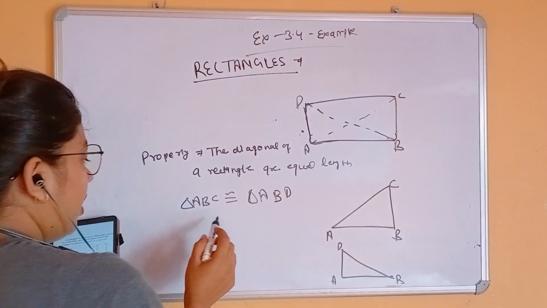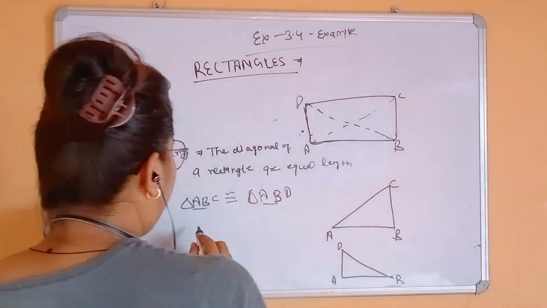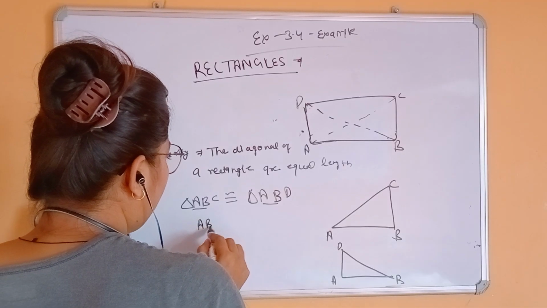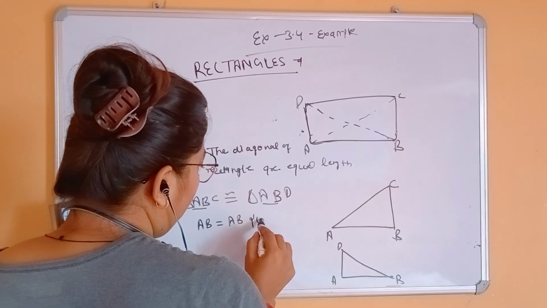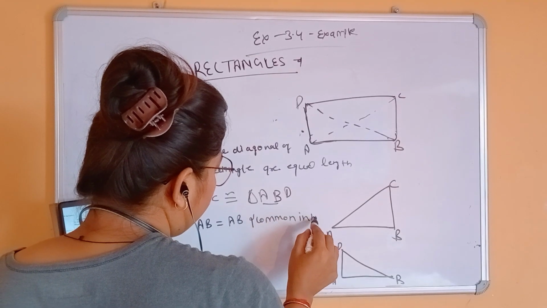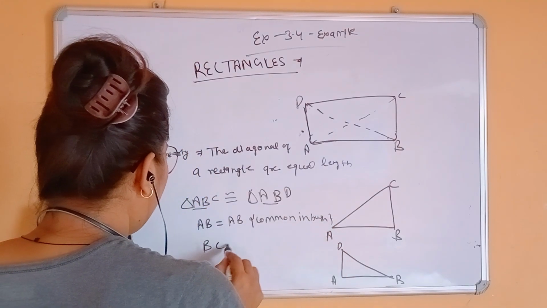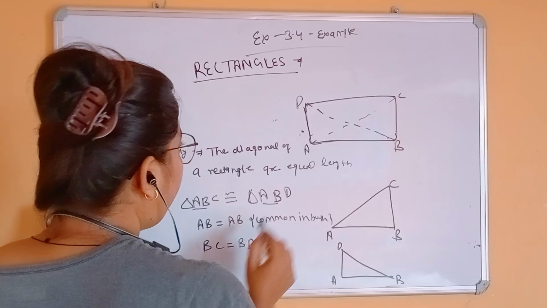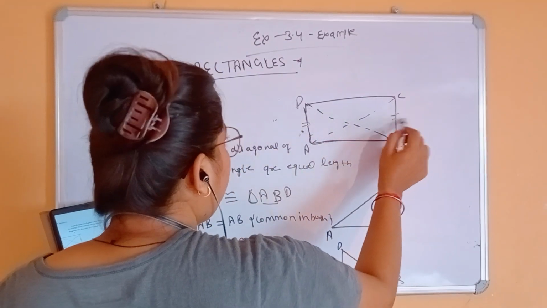From here we see AB is common in both, so we can write AB is equal to AB. Common in both. So from here we find BC is equal to BD in rectangle.